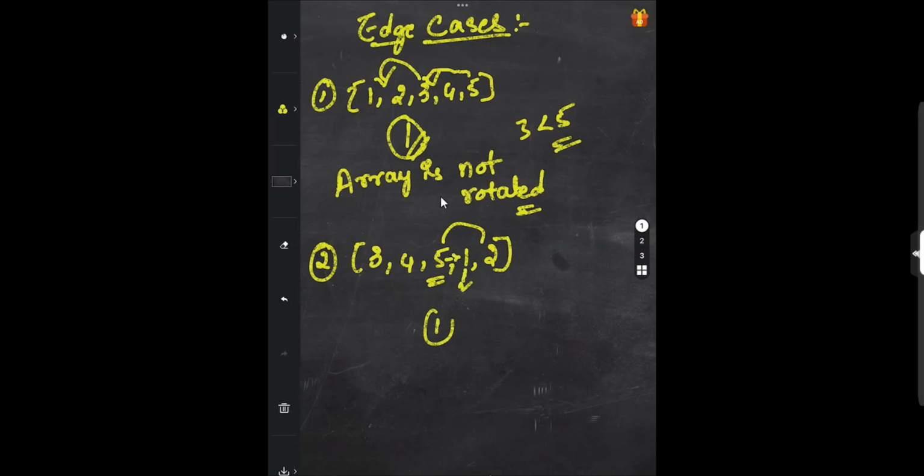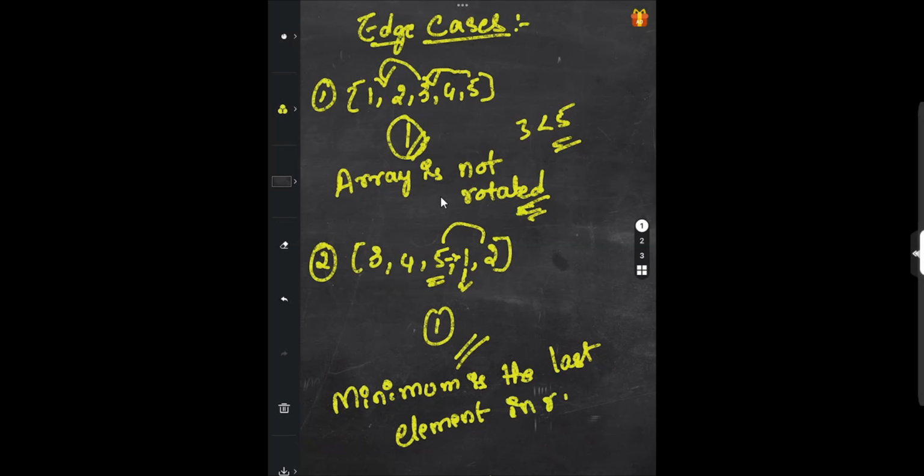So the output will again be 1. This is for the condition where the minimum is the last element in rotation. Previously the array was already sorted, so we got 1. Here after 3 rotations, 1 is the smallest. I hope these two edge cases are clear.